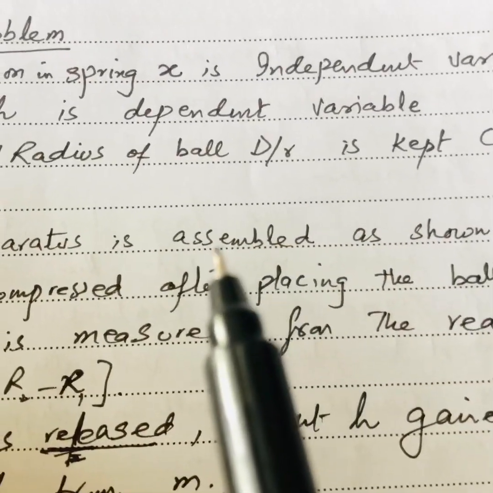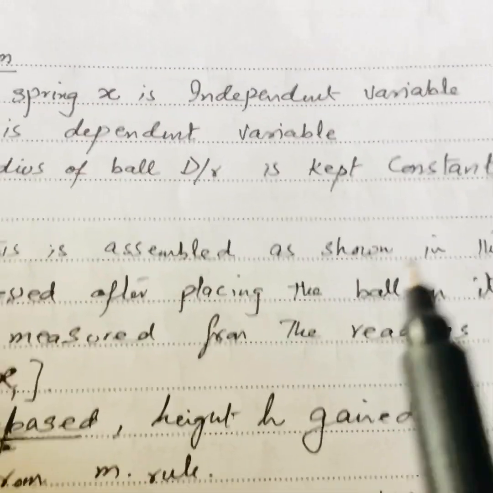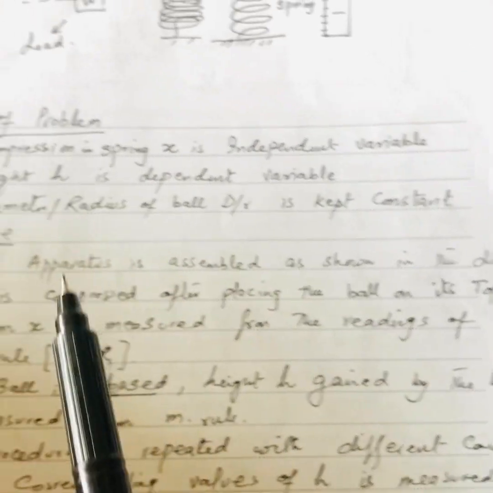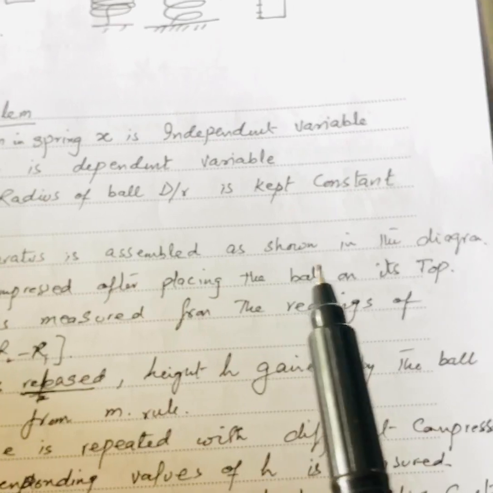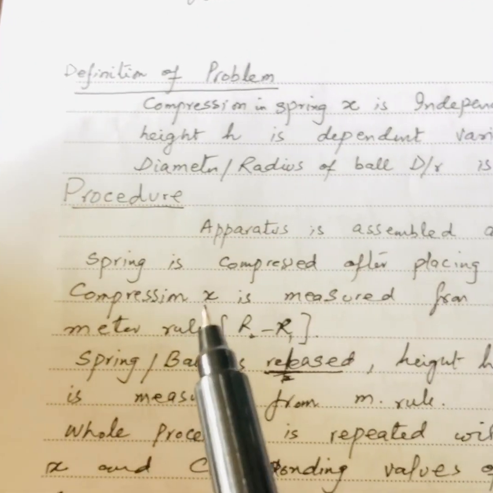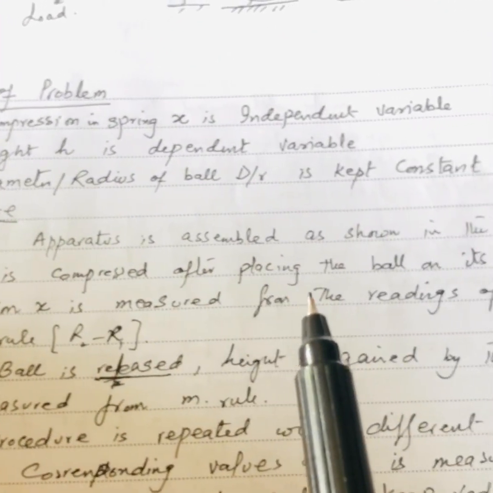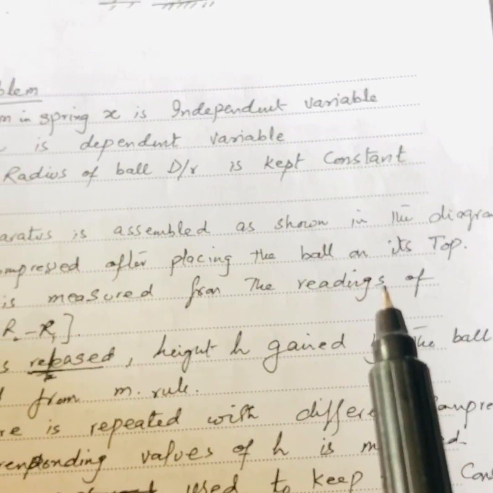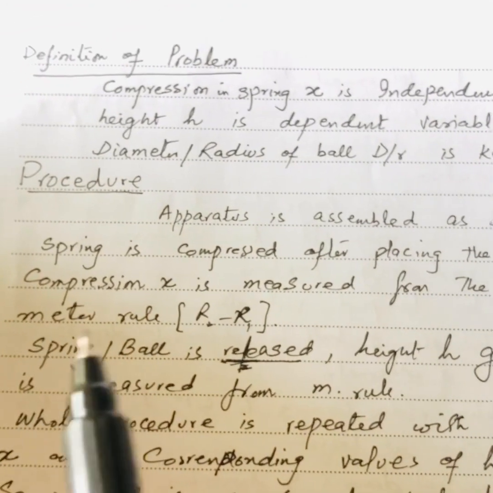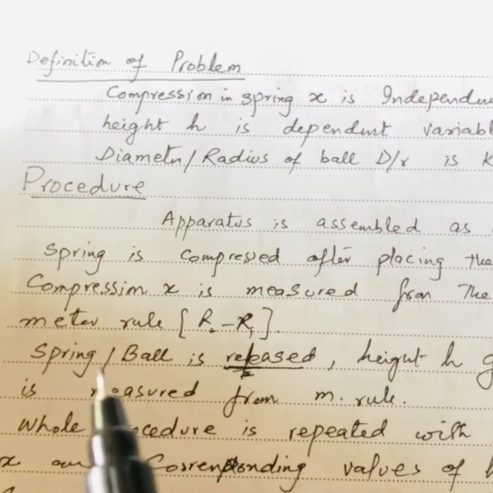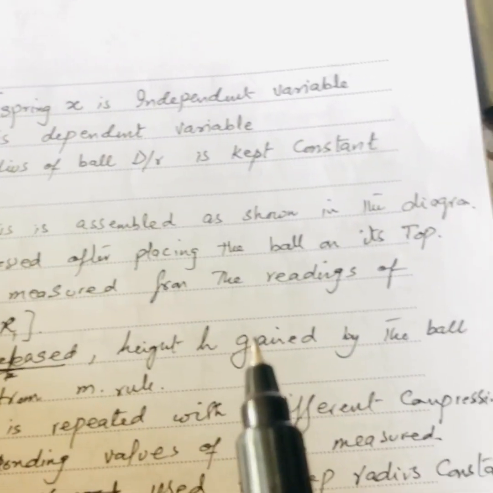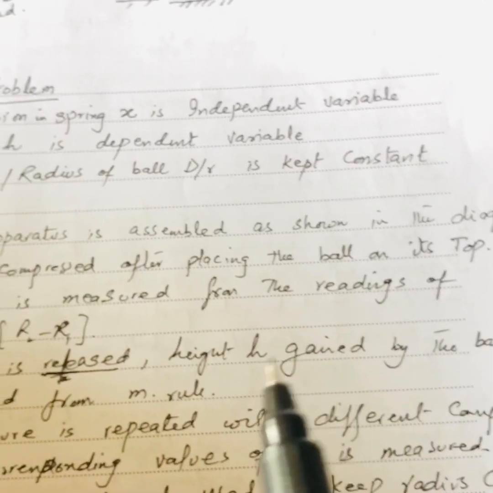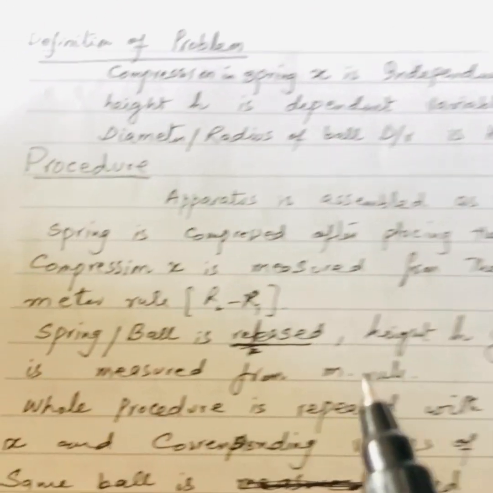Then we have to write the procedure. The apparatus is assembled as shown in the diagram. The spring is compressed after placing the ball on its top. Compression X is measured from the meter rule readings, R2 minus R1. The ball is released. The height H gained by the ball is measured with the vertically clamped meter rule.